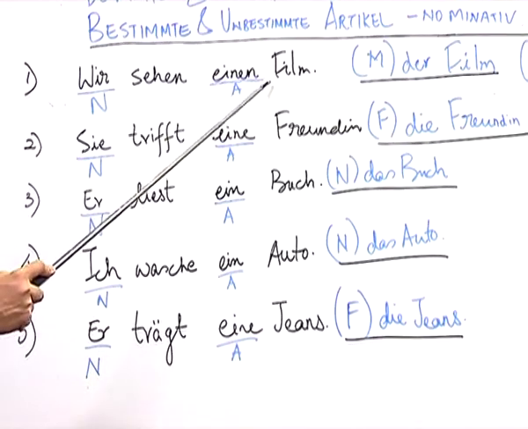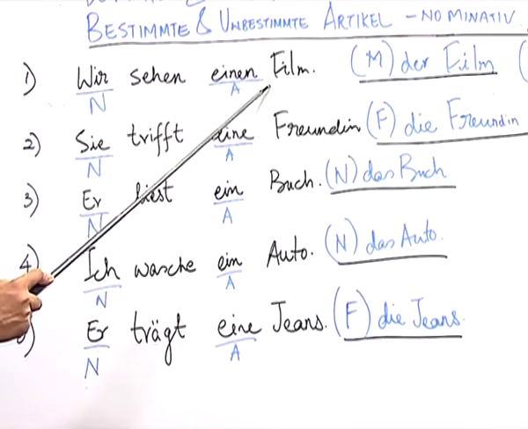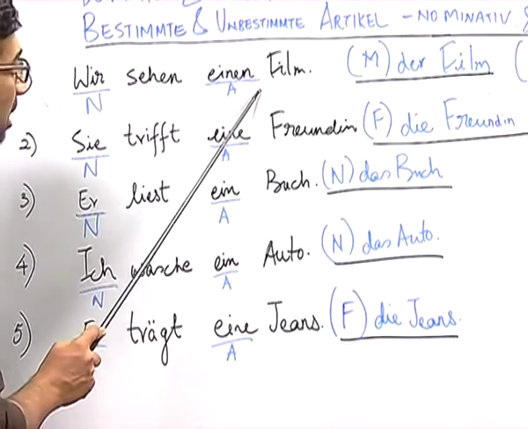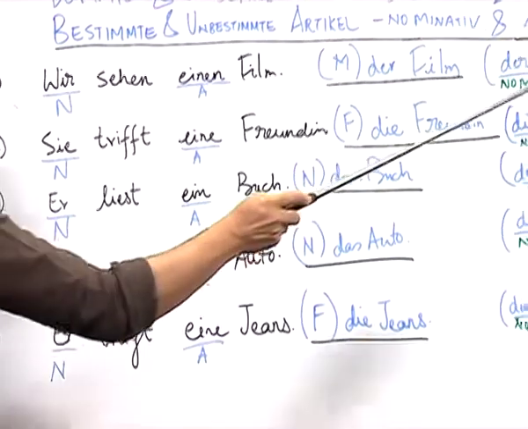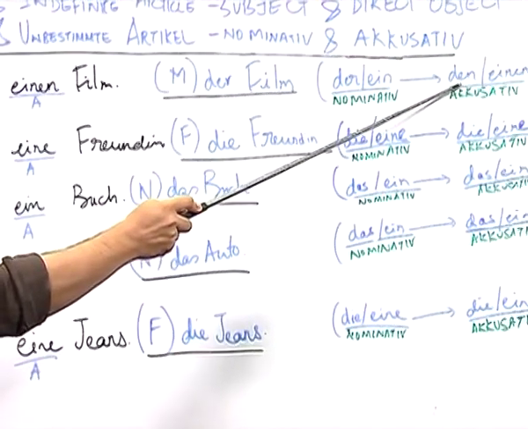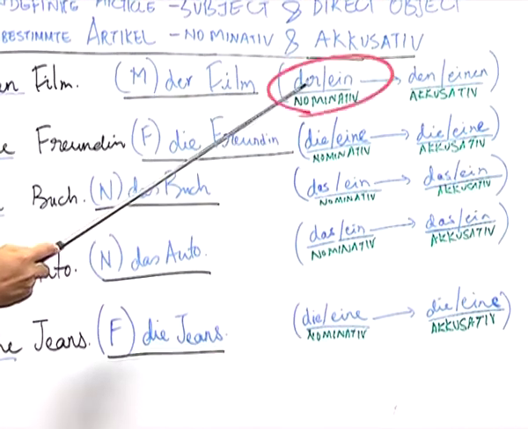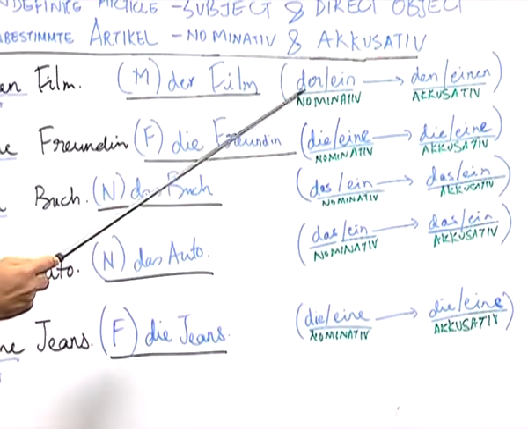And here einen Film, if you remember, the indefinite article einen is derived from the masculine article ein or der.